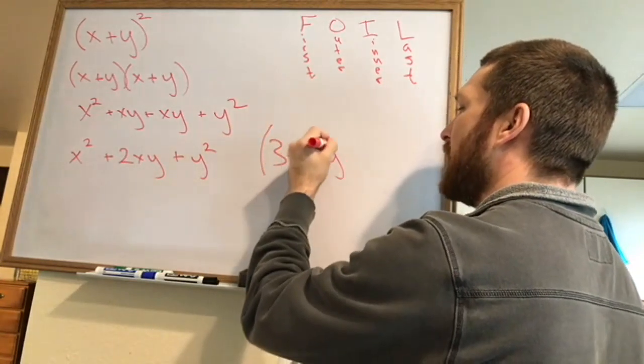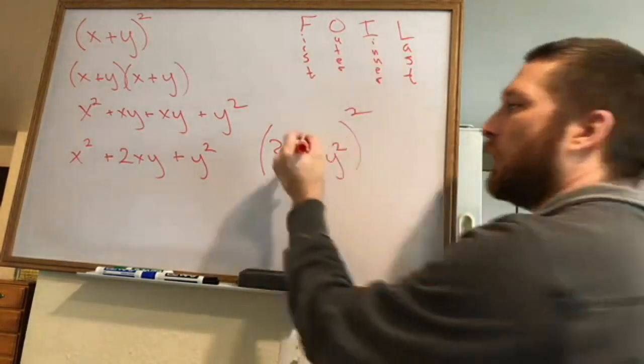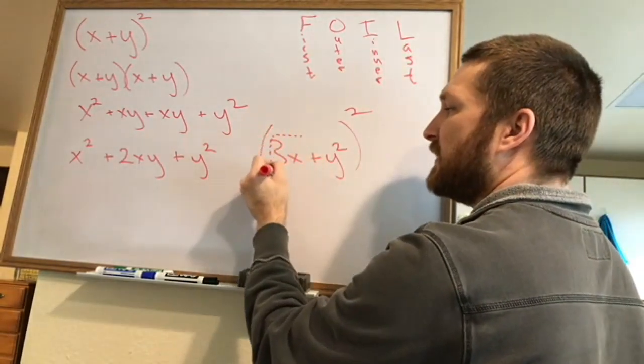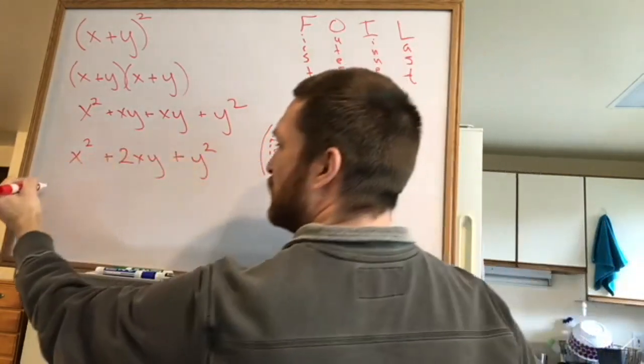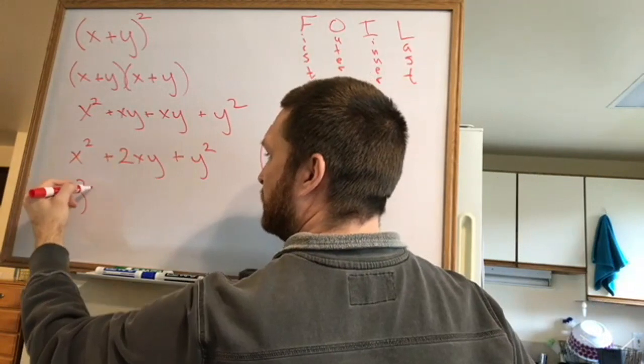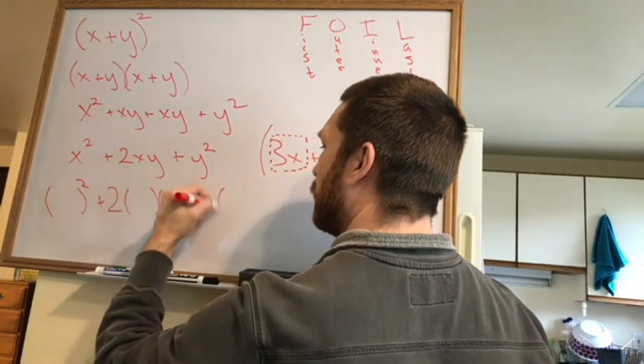And just real quick, if I had something like (3x plus y squared) squared, what I could do is say, wait a second, that first thing, whatever it is, goes into this formula right here. Now I'm just plugging things into a formula.